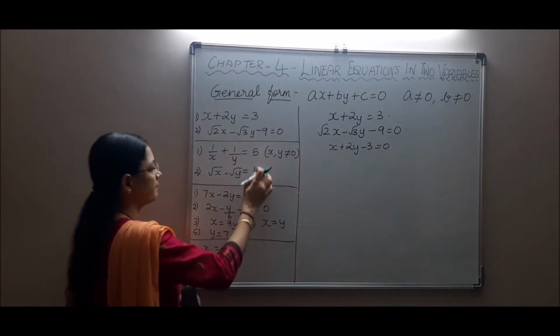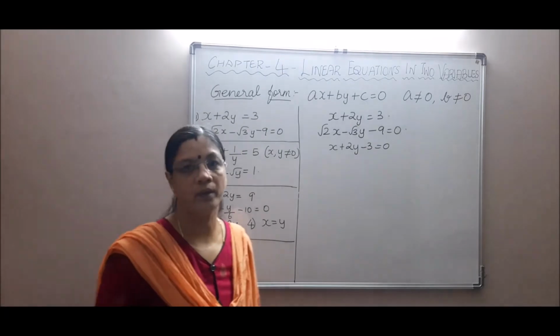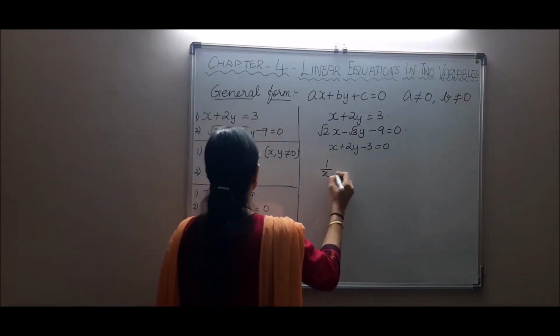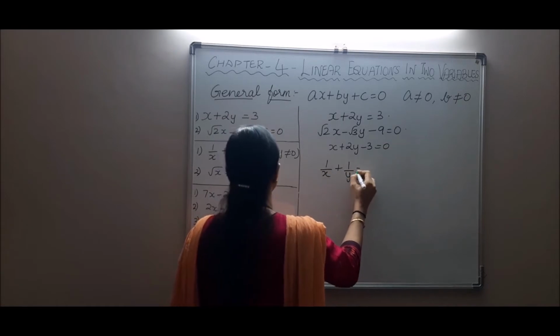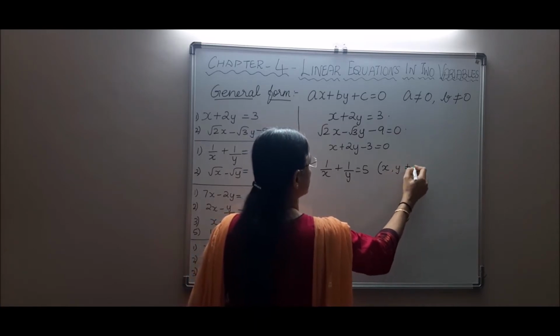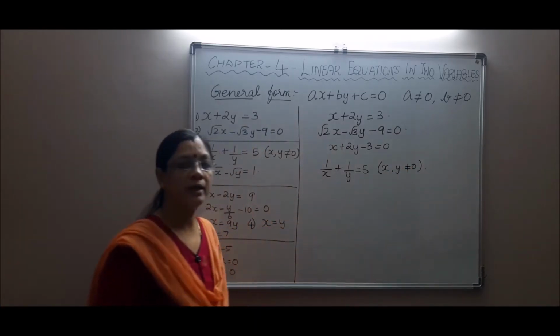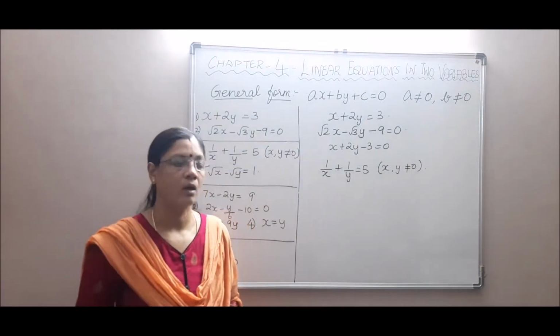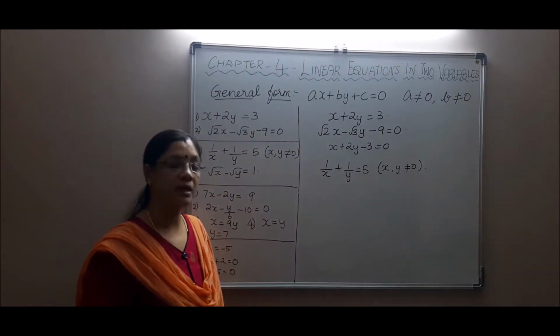So these two are examples of linear equations in two variables. Now let's see the other set. Okay, so 1 by x plus 1 by y is equal to 5, where x and y are not equal to 0. Let us see this type of equation.